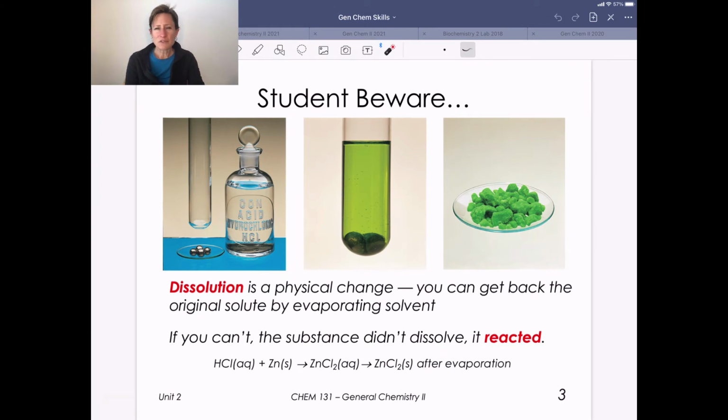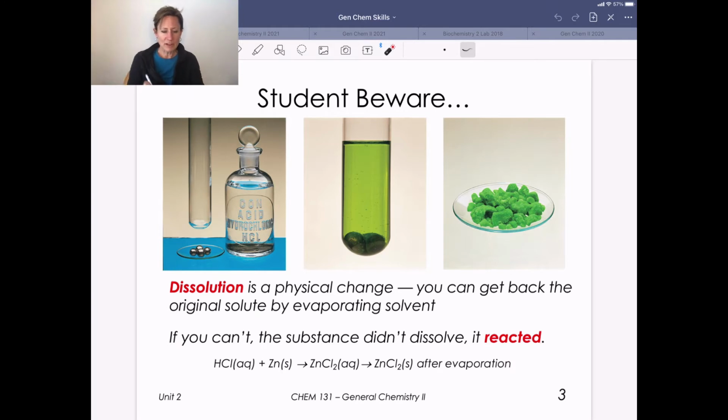One other piece of information to kind of highlight, when we're talking about this dissolution process, this is a physical change, okay? You can get back the original solute if you just evaporate the solvent. If you can't obtain back that original solute, a chemical change happened. We had a reaction that occurred.